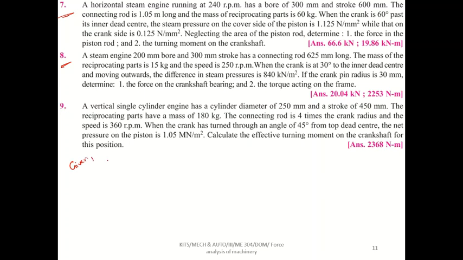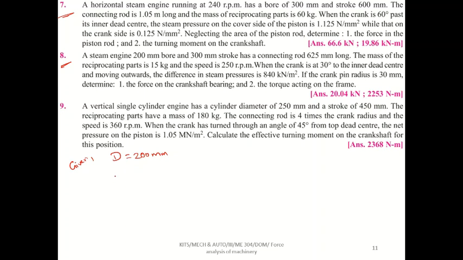So D value is 200, and 300 stroke, connecting rod 6. So stroke value is 300.